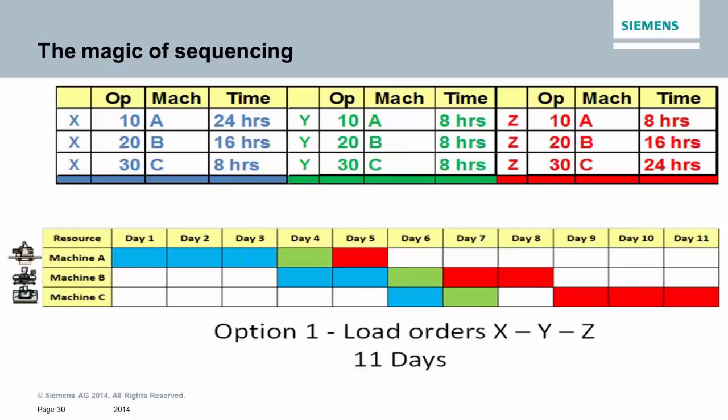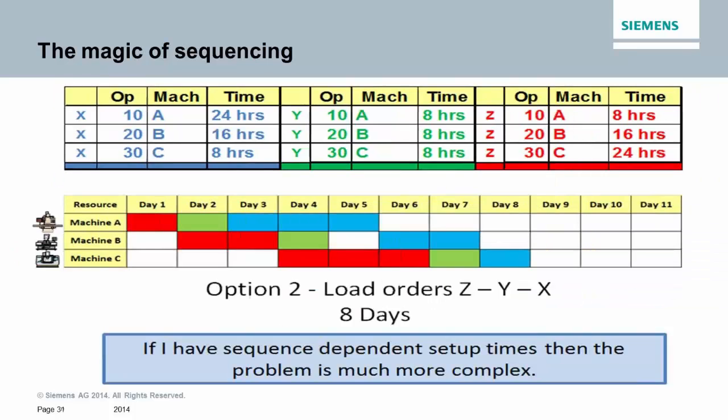If we take orders X, Y, Z and put them in sequence, using this simple example, 1 machine, 3 orders, it's going to take us 11 days to produce those orders, get them out the door. But if we just change the sequence to Z, Y, X, we see now that it's 8 days to complete those orders, assuming that there's nothing else on those pieces of equipment.